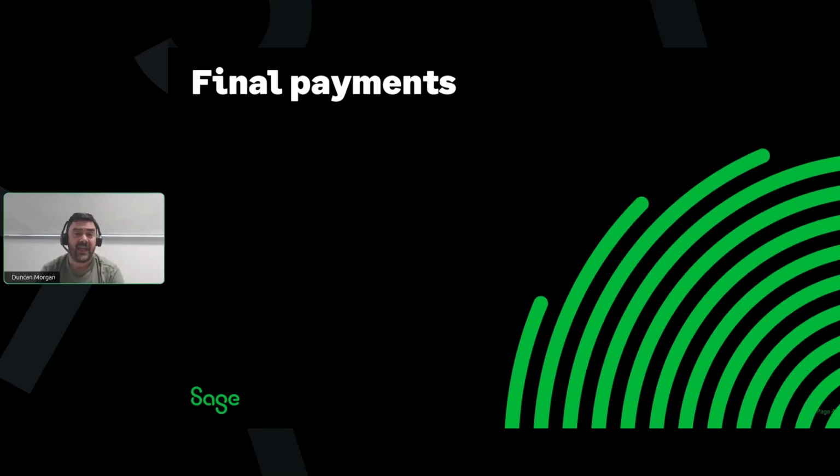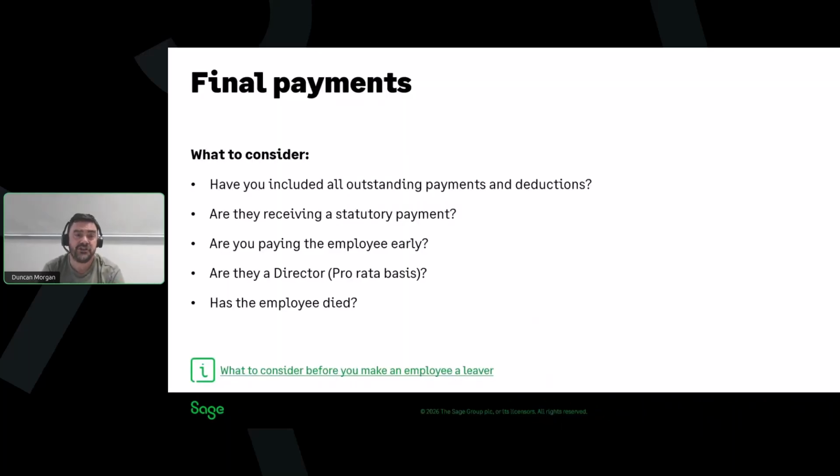So once you know that an employee is leaving and you're preparing to process their final pay, there are a number of points that you should consider. So we've listed these out on the slide. And number one, you would think about, have you included all outstanding payments and deductions?